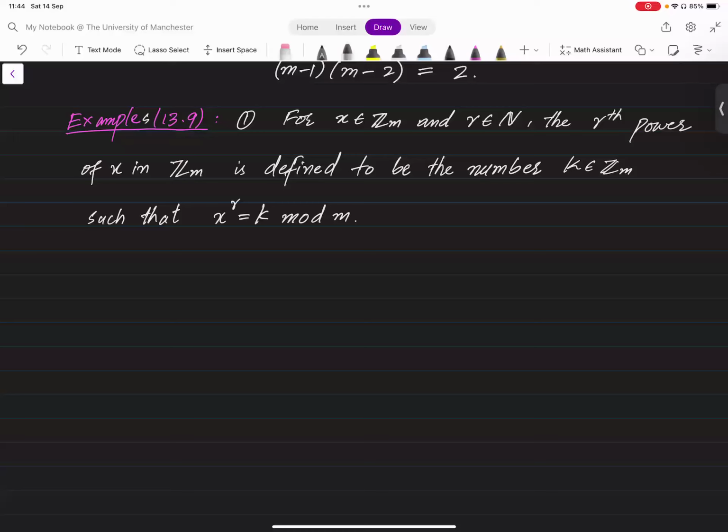That means, for example, in Z5, remember Z5 has these elements 0, 1, 2, 3, 4.